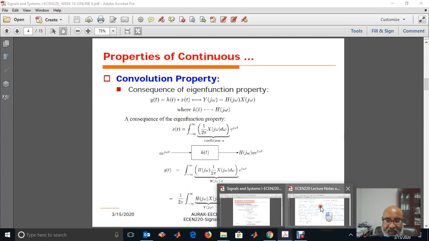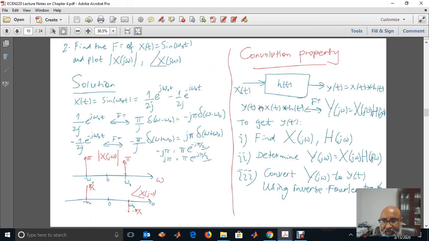For example, here, convolution property, I have here h(t). Here, input is x(t), and system is h(t), y(t) is x(t) convolved with h(t), and Y(j omega) is X(j omega) times H(j omega). To get y(t), what should we do? We change x(t) and h(t) to X(j omega) and H(j omega).